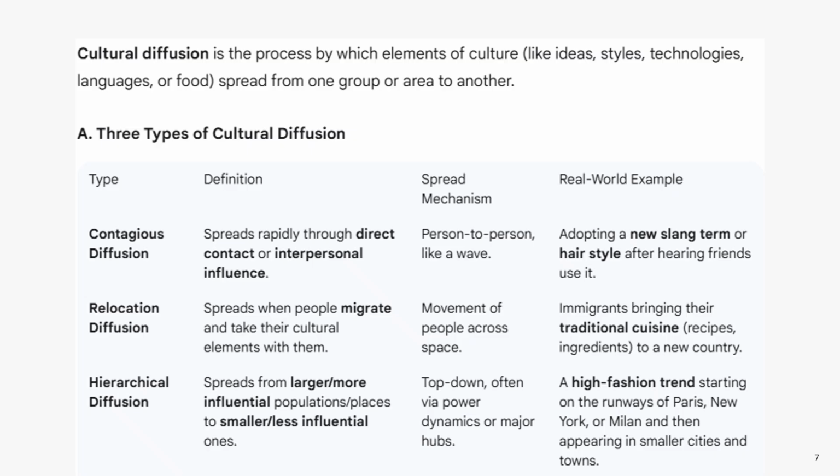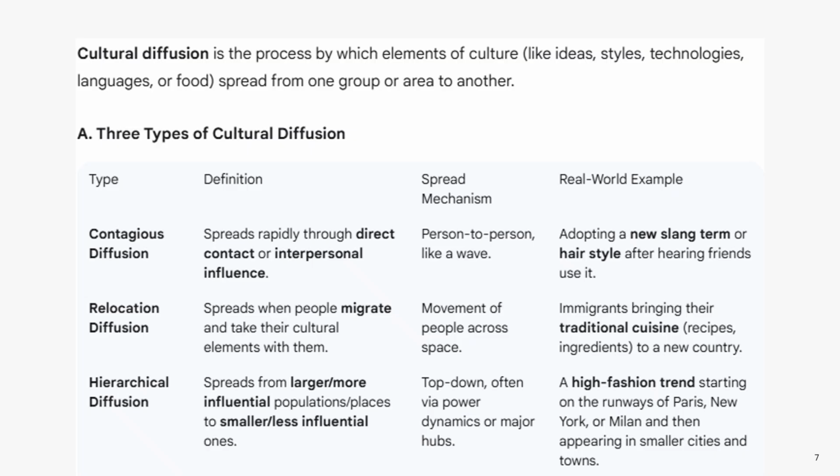So this is relocation diffusion. Another type of diffusion is hierarchical diffusion. And this spreads when a larger or more influential, more powerful, maybe richer culture starts to influence smaller or less influential cultures, right?